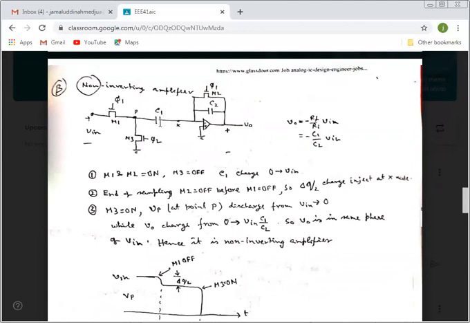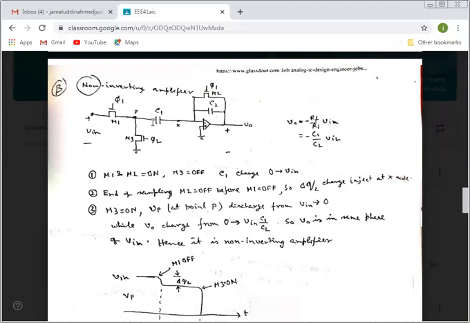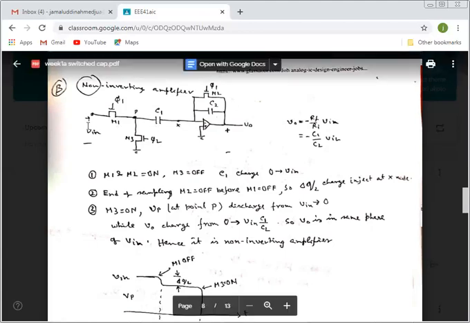So that C1 does not lose much charge, that's why Vin is connected here. Then after a while M1 is turned off. So even though some charge moves to C2, the charge in C1 remains according to Vin.